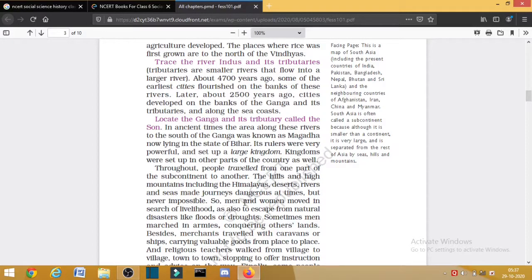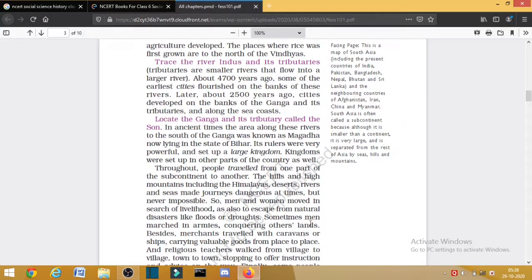So men and women moved in search of livelihood to survive. They used to move from one place to another, though it was dangerous, but it was never impossible. They also moved to escape from natural disasters like floods or droughts. If floods or droughts happened in a place where they were living, they were bound to go to other places in order to save their lives.